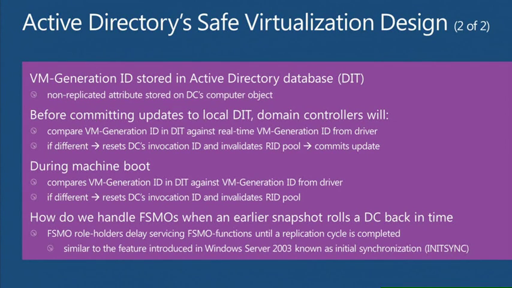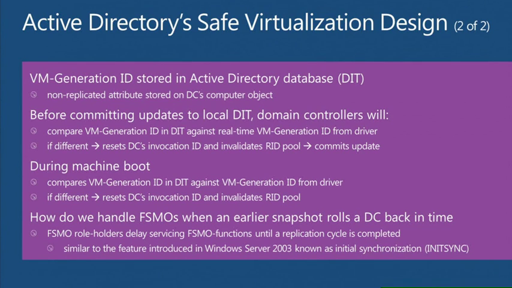Similarly, besides machine reboot, we also do that during any database commit in our transactions, because of any updates that happen. This is to catch the condition I mentioned earlier. Let's assume that for some reason you snapshotted during an execution where the Active Directory is up and running, because that's not in the boot up path, and you restored at that point in time.